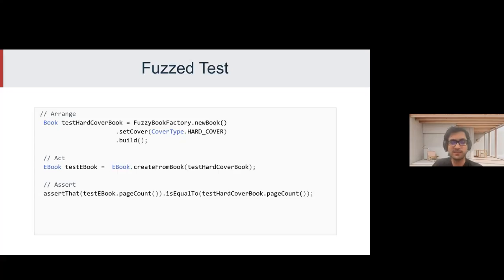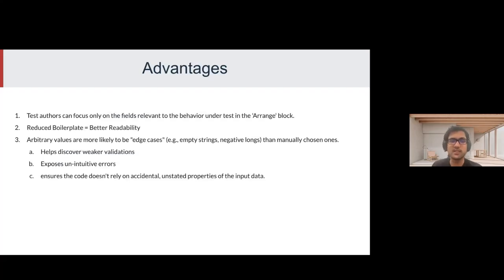This greatly improves the readability as well as the reliability of your test, because these random values often tend to be more edge-casey than the sentinel values that we fill in. Typically, we tend to put 0 for a lot of integers and an empty string for a lot of string types, and these sentinel values don't subject your system under test to a lot of edge cases.